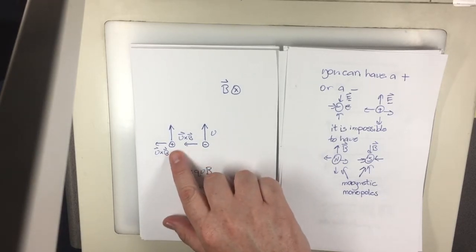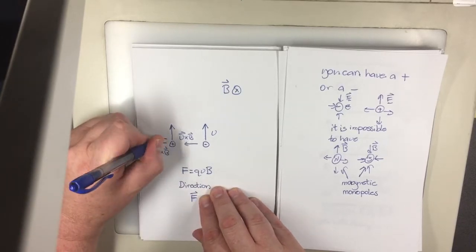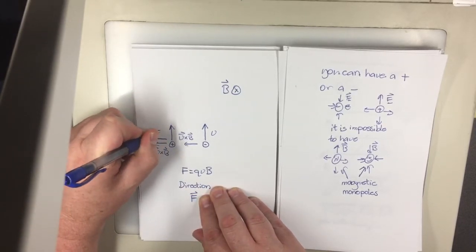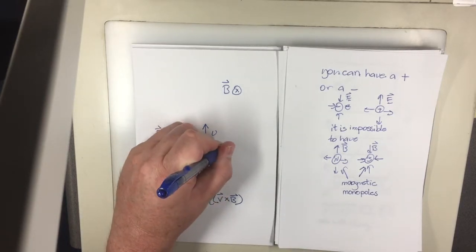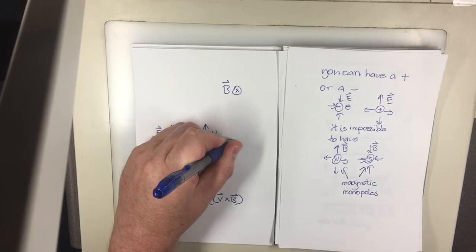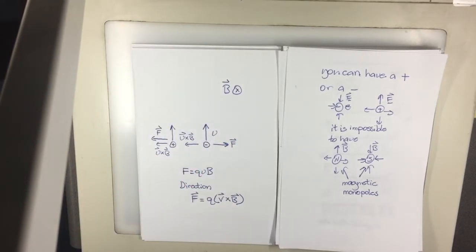For positive particles, the force direction is in the same direction as the V cross B. For negative particles, it's in the opposite direction because the charge is negative.